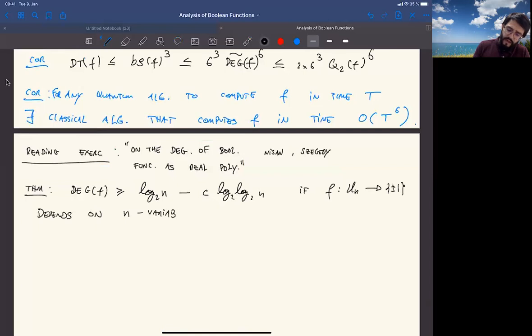You have all the things needed to read that paper, and especially that theorem.